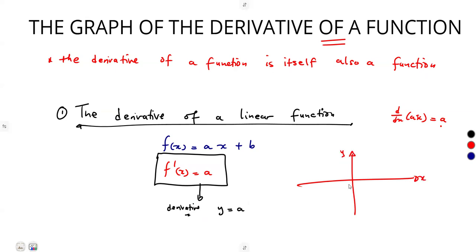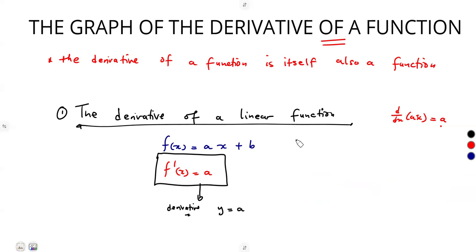Remember, guys, from our grade 8 mathematics, lines parallel to the x-axis are the lines of y is equal to the constant, the value of y where the line passes through the y-axis. So whenever you are to draw the graph of the derivative of a linear function, you are going to end up with a straight line that is parallel to the x-axis.